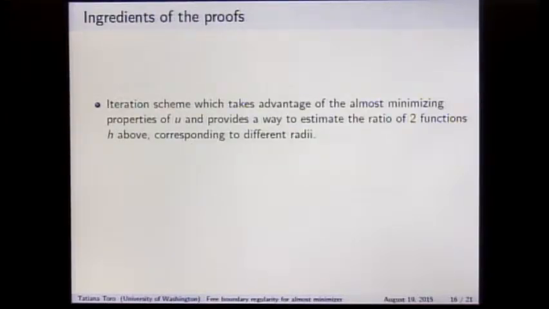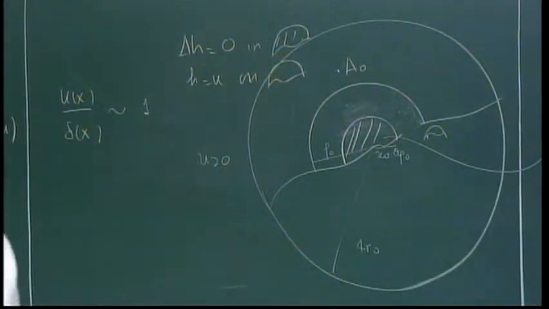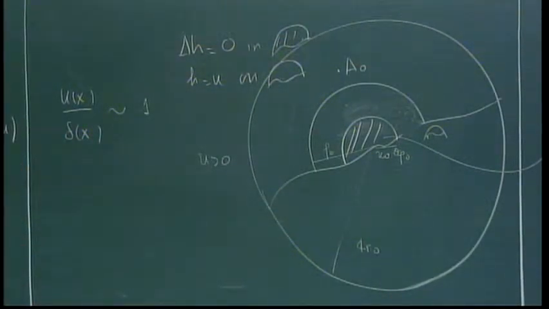Okay? So now I said, morally speaking, if I have this on this little ball, I can keep on going. But in fact, we needed an iteration scheme. So how did we prove, for example, this? It required an iteration scheme.